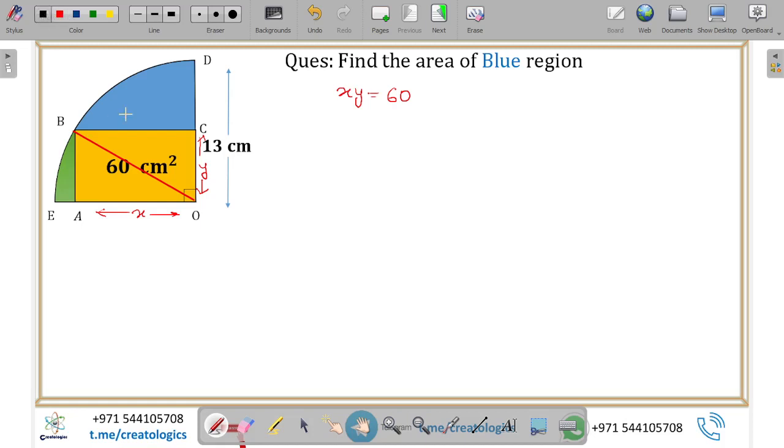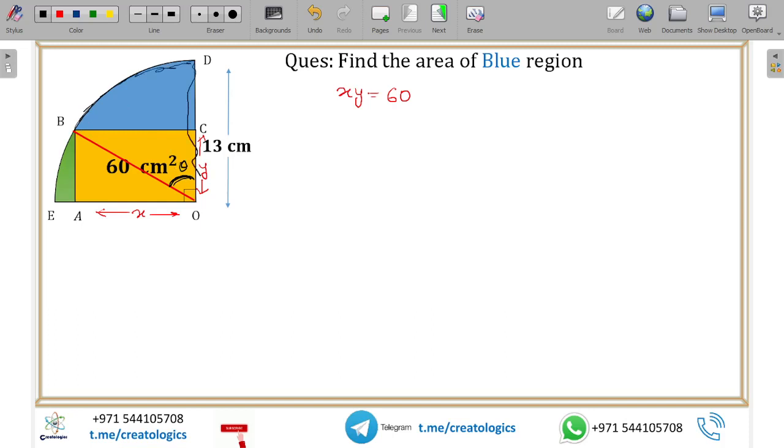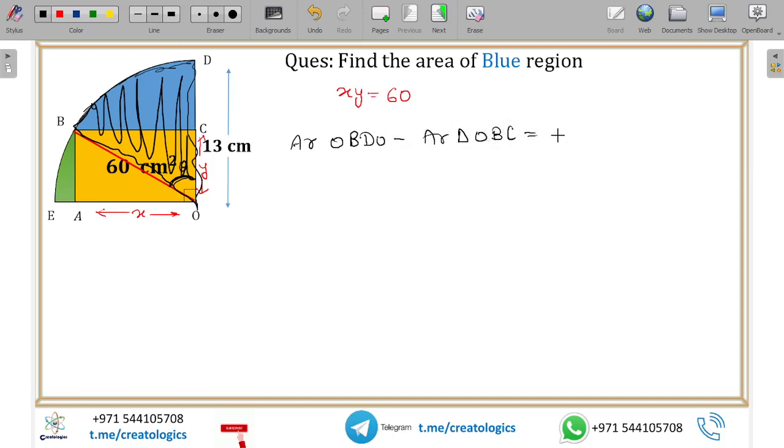Once I get the side lengths, I will find this angle theta, and based on angle theta I will calculate the area of this complete sector, and from the complete sector area of OBDO I will subtract the area of triangle OBC, and hence that will be our required answer, right?